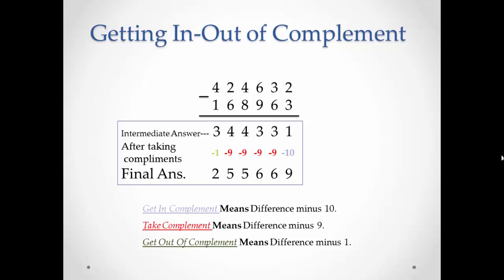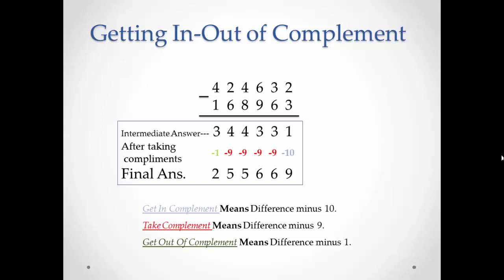In the intermediate answer, I have just directly taken the difference of the two values. Then we take the complement: the first difference is subtracted from 10, and since we are in the complement, we subtract each and every difference from 9, and in order to get out of the complement, we subtract 1 from the difference.